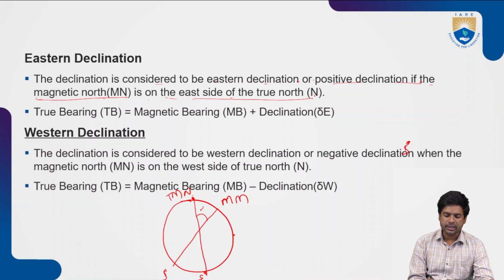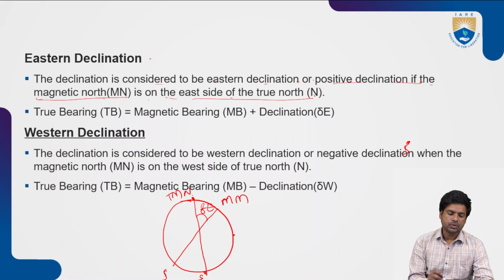This is the magnetic declination, which we can represent with delta E. If the magnetic north is on the eastern side of the true north, then it is called an eastern declination.